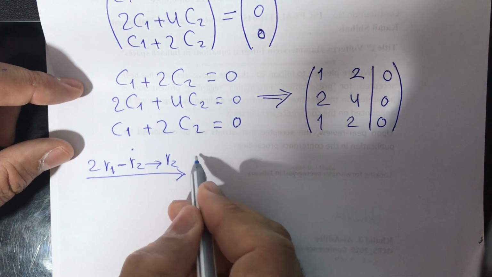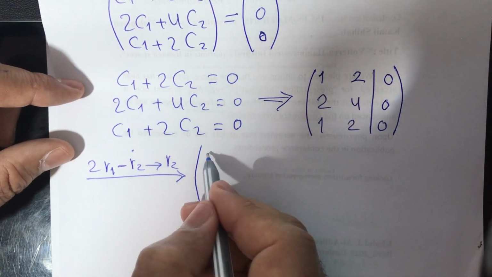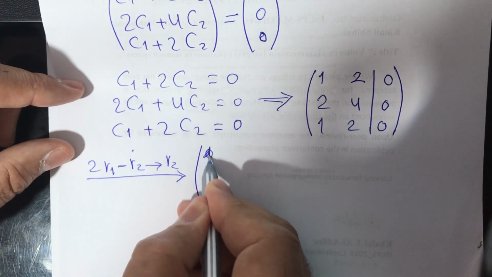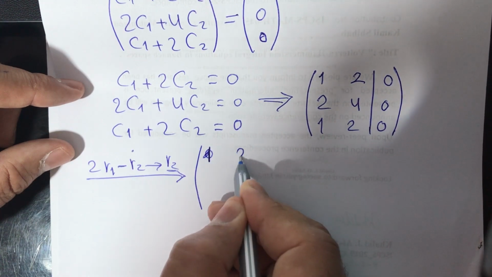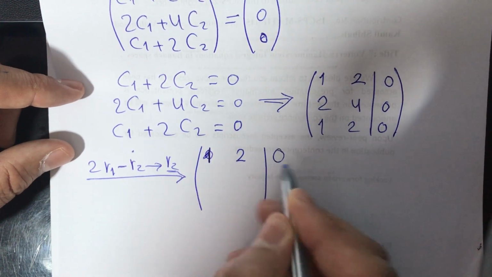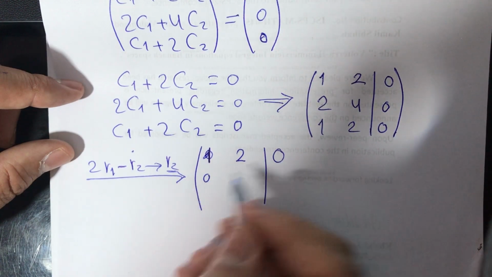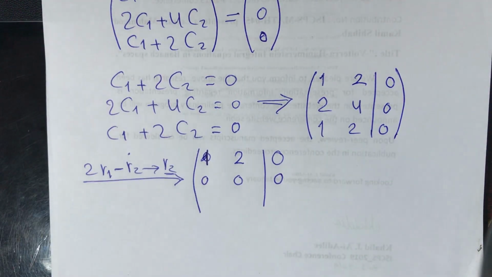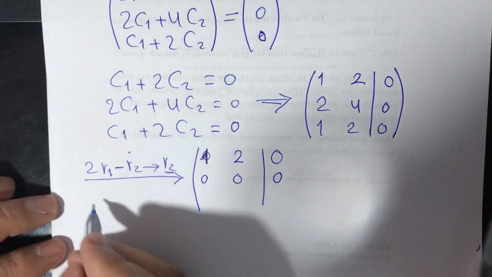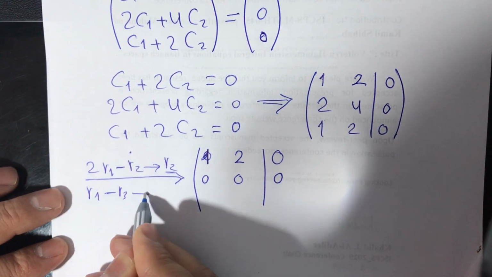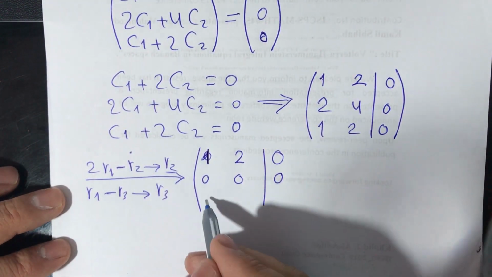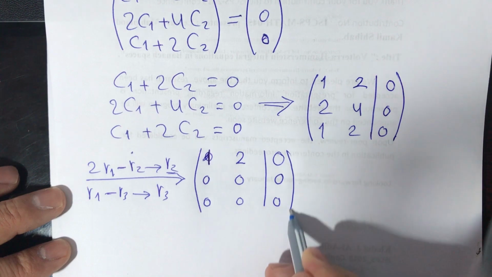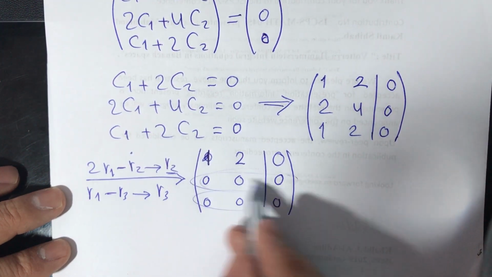This implies 2 minus 2 will be 0, 4 minus 4 will be 0, 0 minus 0 will be 0. And here also we can make this 0: r1 minus r3, write in r3. 1 minus 1 will be 0, 2 minus 2 will be 0, 0 minus 0 will be 0. So this is 0, 0, 0.